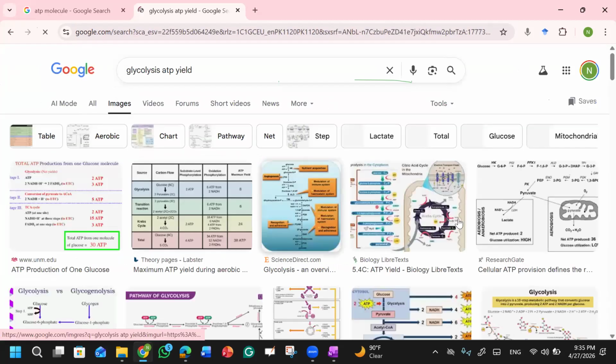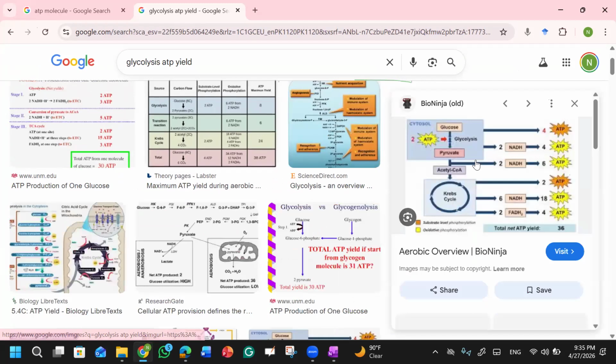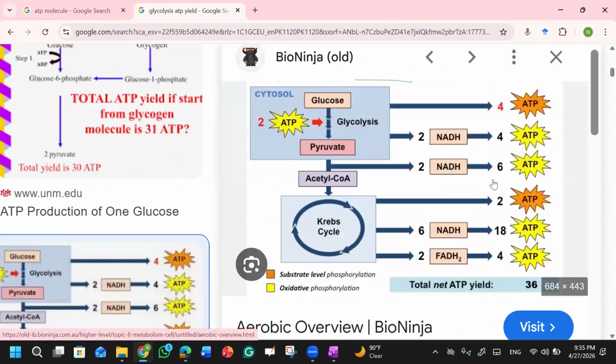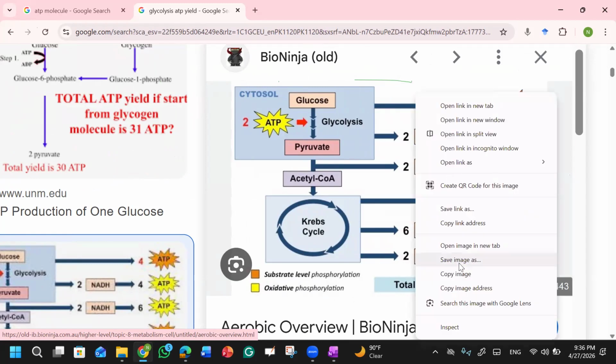There are many complex images. I can just show you for an idea what actually happens. I told you that you have glucose from the food, but your cells cannot use that glucose directly. So what will happen? This glucose will be converted. There are so many reactions which will happen in the body.